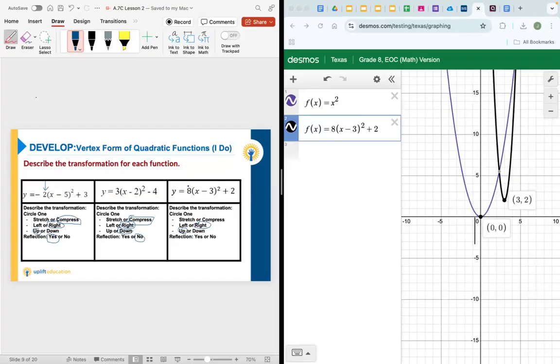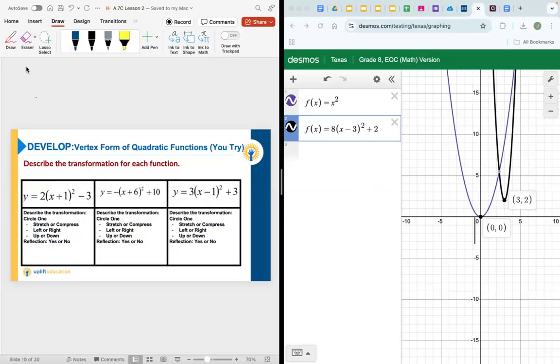So the bigger the number gets, the skinnier I get. So this also compressed. And I'm still happy, happy and happy. So there's no reflection here. Awesome. All right. So I want you to go ahead and try these examples on your own, and we'll come back and check for you.